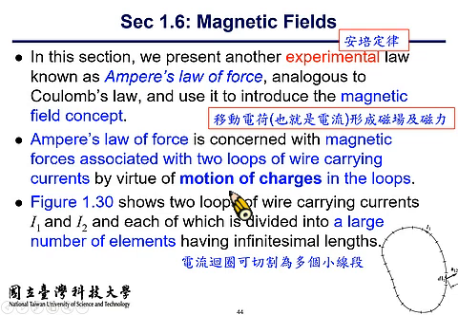So if we talk about electrical current, we have something in mind, that is, electrical current must flow in loops.